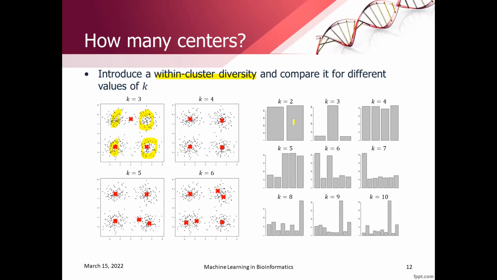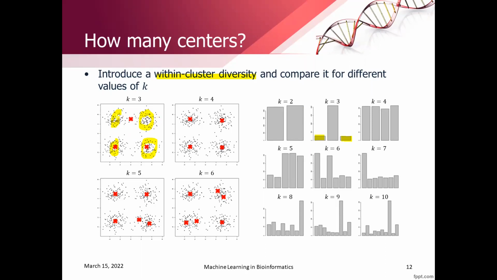If we have just 2 clusters, we obtain some high values because it's not enough to use just 2 representatives. If we have 3 representatives, we have two representatives, or respectively 2 clusters, which have very small within cluster diversity. So this corresponds to this representative below. And the third one represents this cluster, which is much wider.